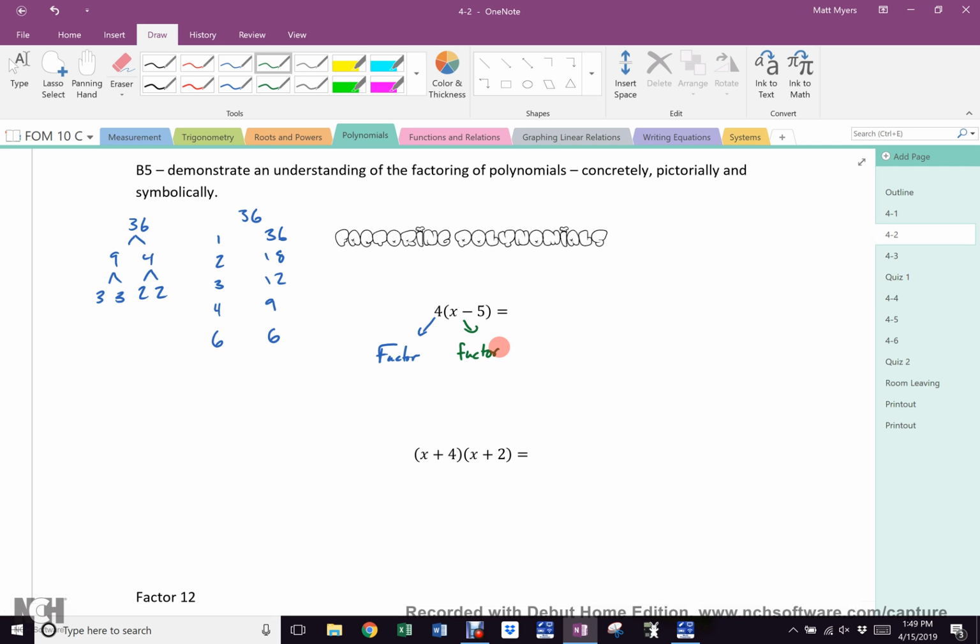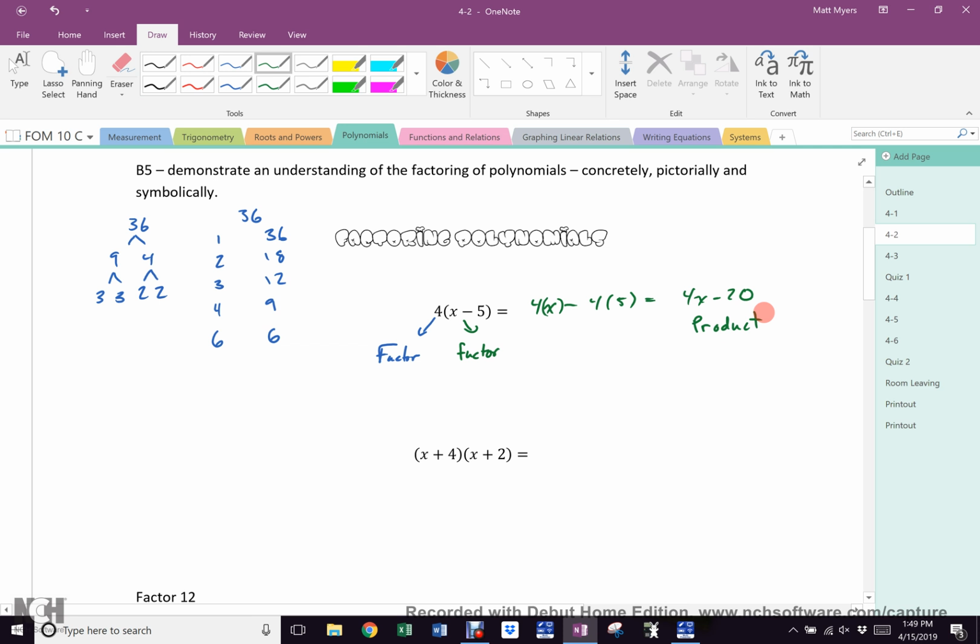All right. Now, if we were to multiply this out, we would get 4 times x, right? Minus 4 times 5, which would get us 4x minus 20, right? This is the product.